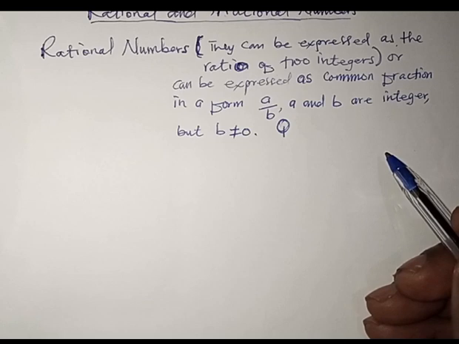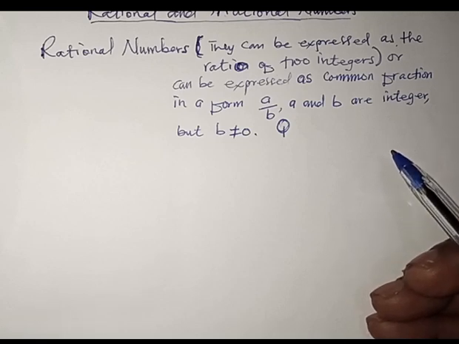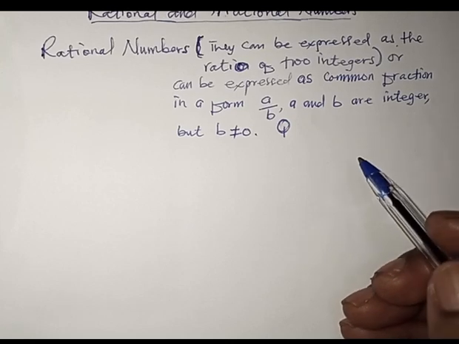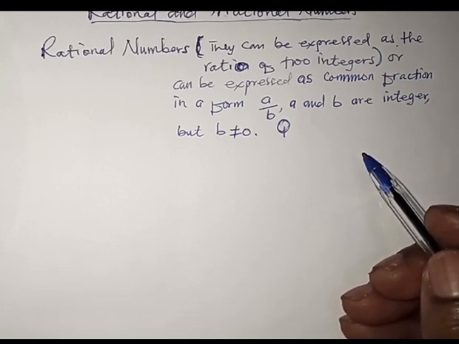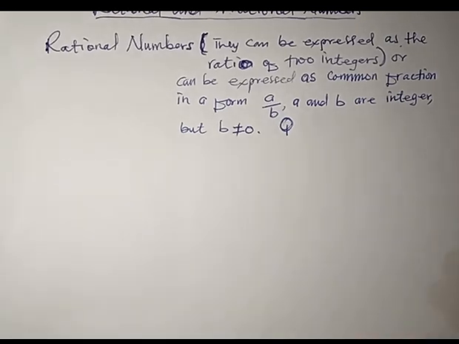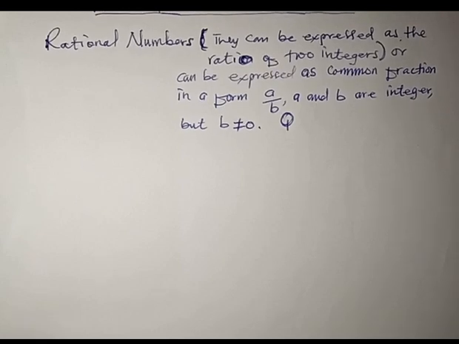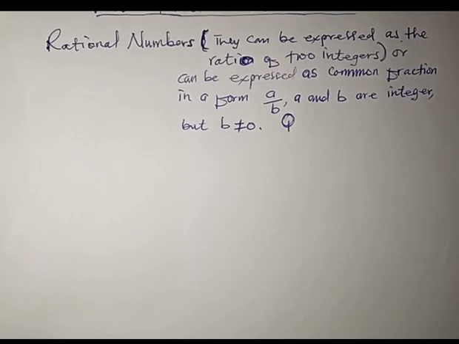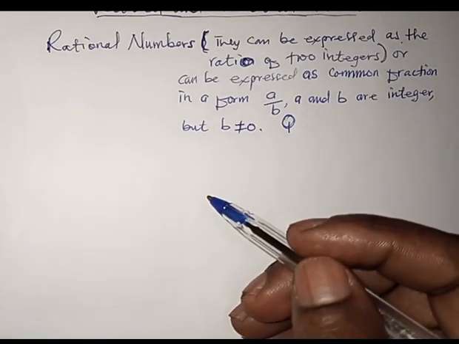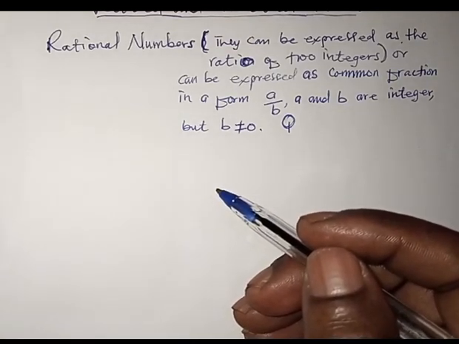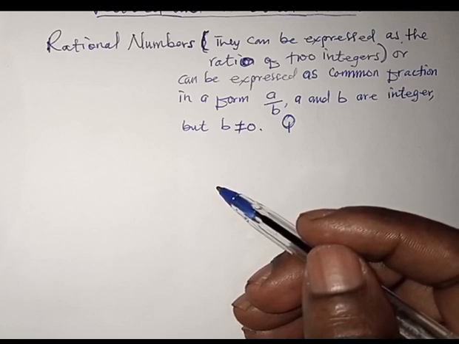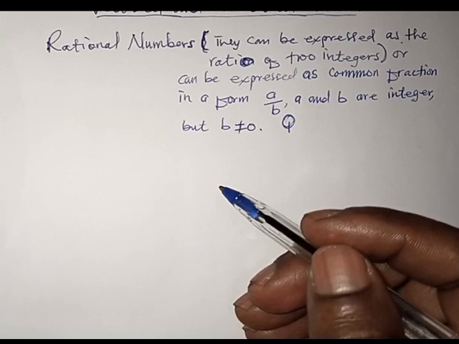All right, great. Now let's look at some examples. Because we are saying that rational numbers can be expressed as common fractions, let's think about some types of fractions. We can talk of proper fractions, improper fractions, mixed fractions, like fractions and unlike fractions.